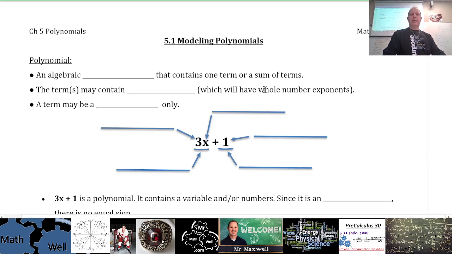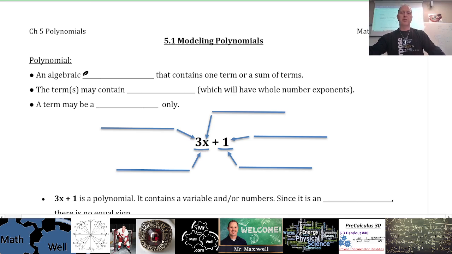All right, let's get into this. Polynomial, okay. We're going to fill in some blanks here. If you have any questions as we go, feel free to ask, okay? So a polynomial, this is an algebraic expression. So this first space is the word expression.